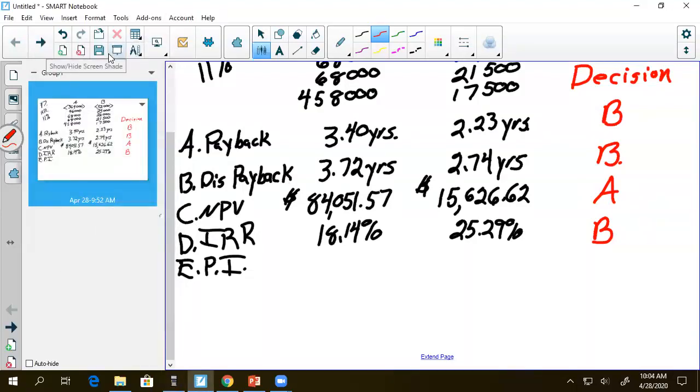Who has that for A? About 1.231. Now, what does that mean? For every dollar you spend, you get $1.23 back. Exactly. Okay. What about project B?